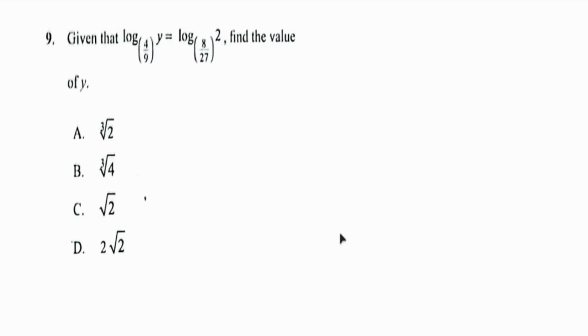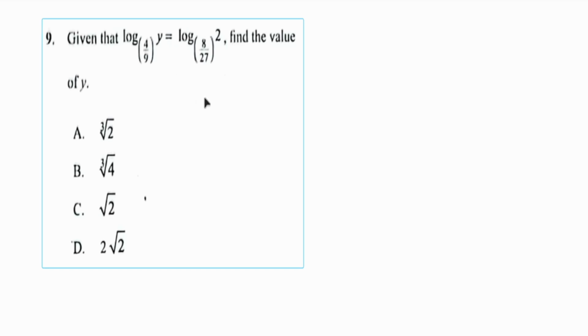This, as we can clearly see, is a question on logarithms. Because a calculator is allowed on this test, the easiest option if you don't know how to solve it will be to put this right-hand side in your calculator just as it is. You write the answer down and then plug each of the options in place of y until you get an answer that is equal to that. That is the last option if you don't have any idea how to solve it.